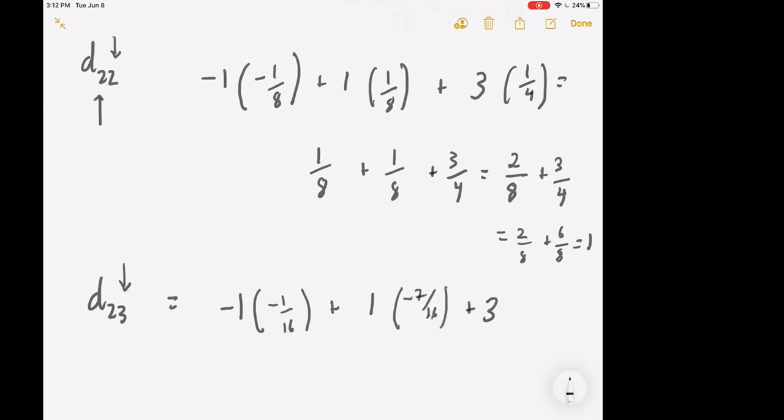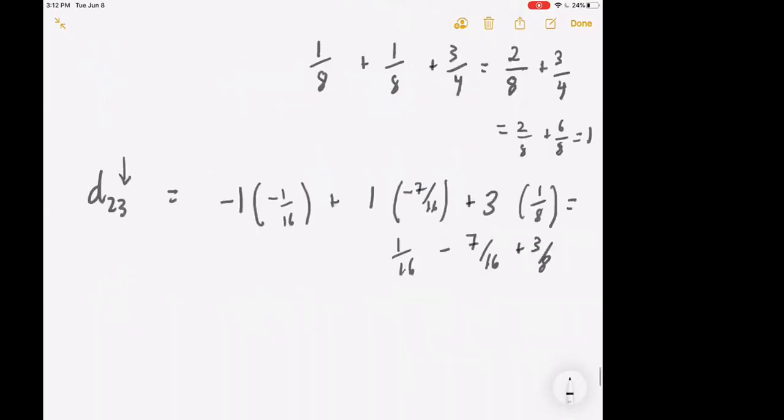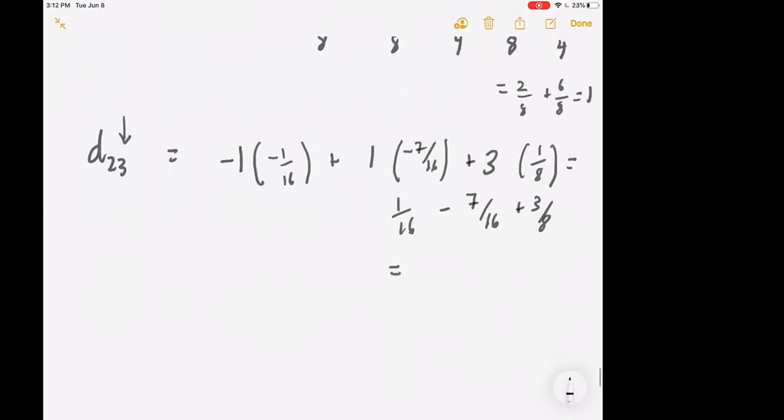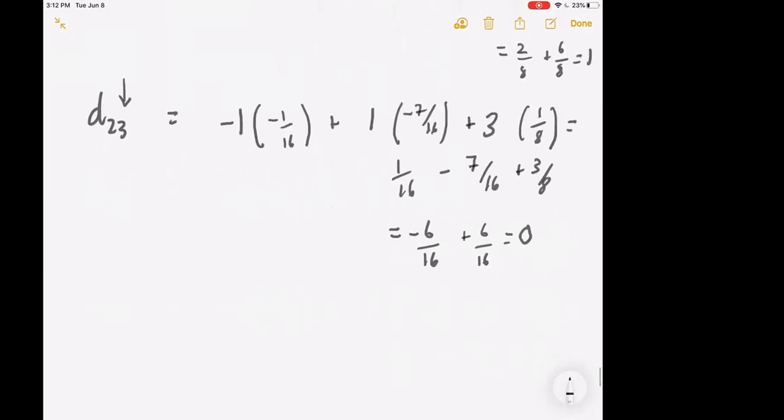And that's 3 times 1 over 8. Okay, so that's going to be 1 over 16 minus 7 over 16 plus 3/8. So that's going to simplify to minus 6 over 16 plus 6 over 16. So that's going to vanish. 6 down, 3 to go.